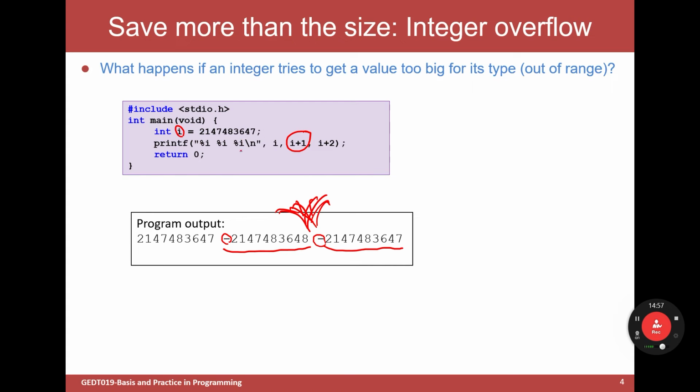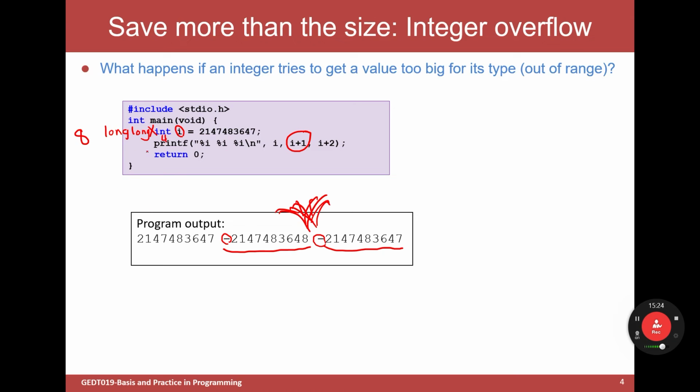Now, how do we solve this problem? I don't want the software to start calculating garbage or incorrect things. So the solution is not to use integer. We can use something bigger than integer. What is bigger than integer? Yes, long. If we use long, it is 8 bytes, while integer is just 4 bytes.